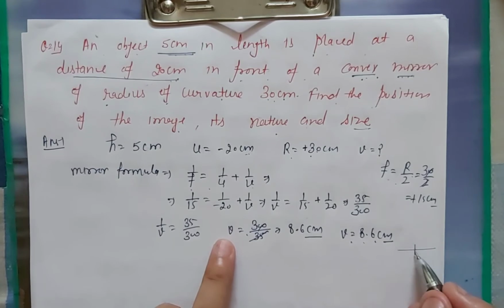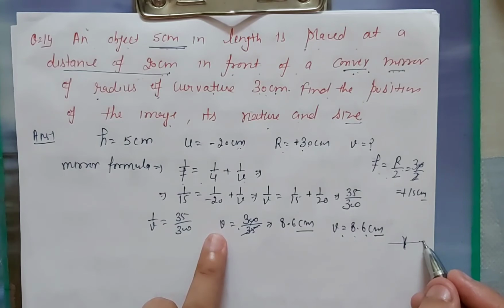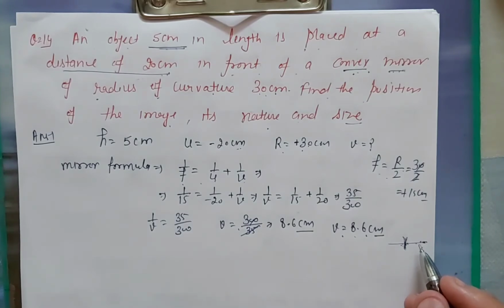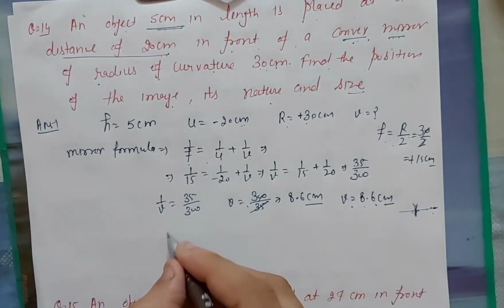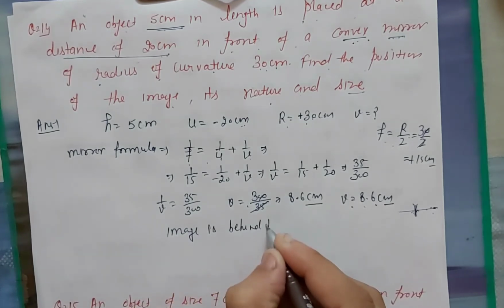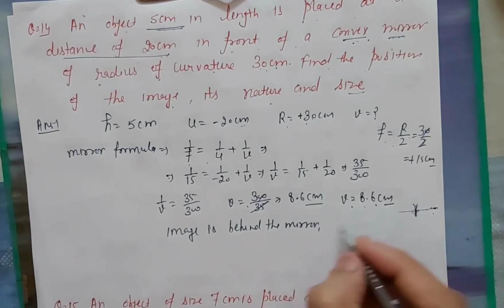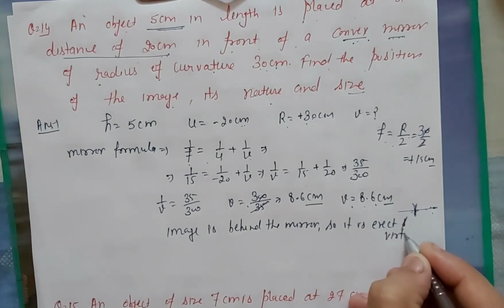That means the image is formed behind the mirror. So where is the image formed here? It is formed behind. Whenever an image is formed behind the mirror, on the back side of the mirror, it is always a virtual and erect image. So the image is behind the mirror, so it is erect and virtual.